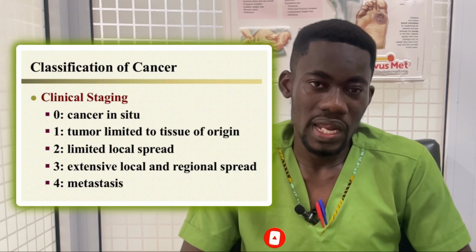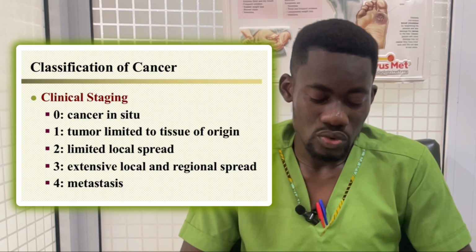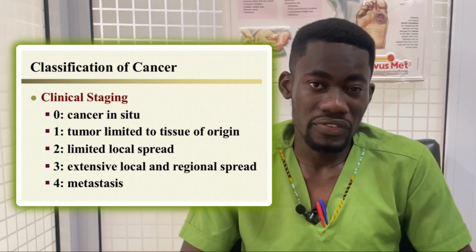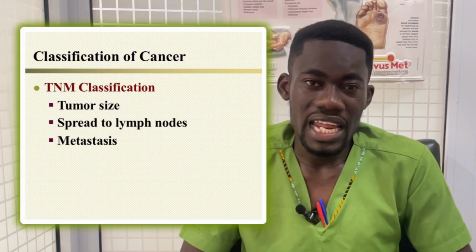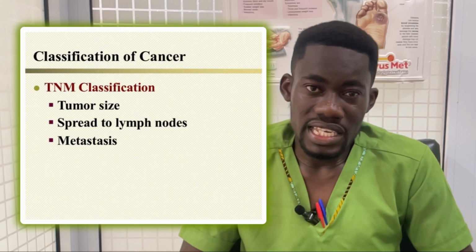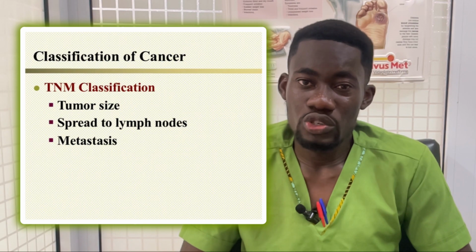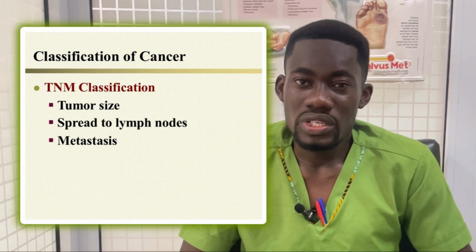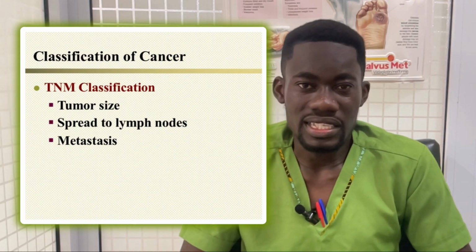Looking at cancer or neoplasm, we have classification systems for neoplasm, some of which include the clinical staging system, which starts from grade 0 to grade 4, and then we have the TNM classification. The TNM classification stands for the tumor, the N stands for the lymph nodes that have been involved, and the M stands for whether it has metastasized.